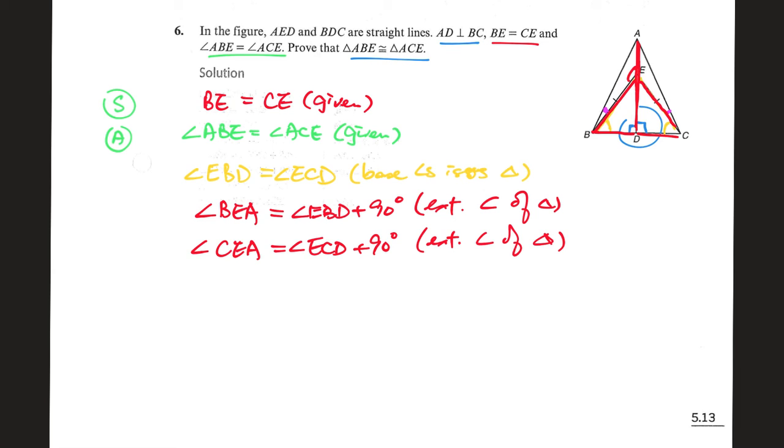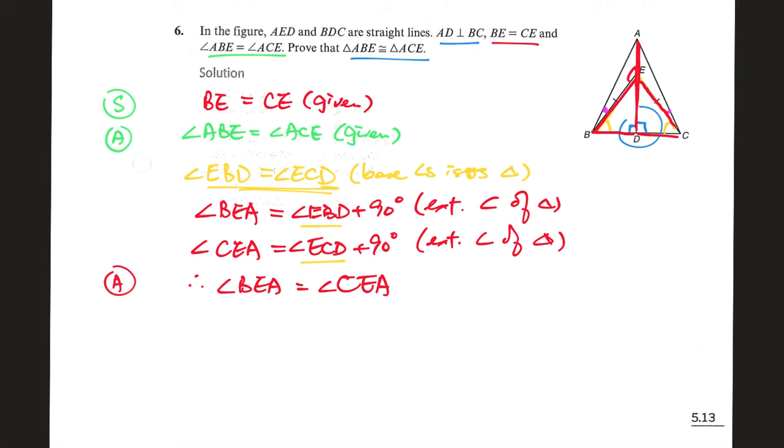The most important thing is that these two angles EBD and ECD were already found to be the same in the previous line. So as a result, we've got the last A: BEA and CEA are equal to each other. That's the last reason we have found, which belongs to A.